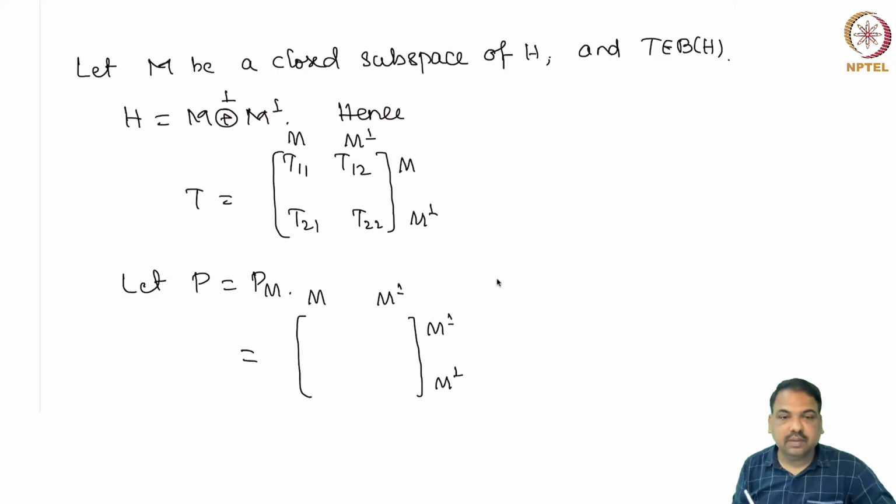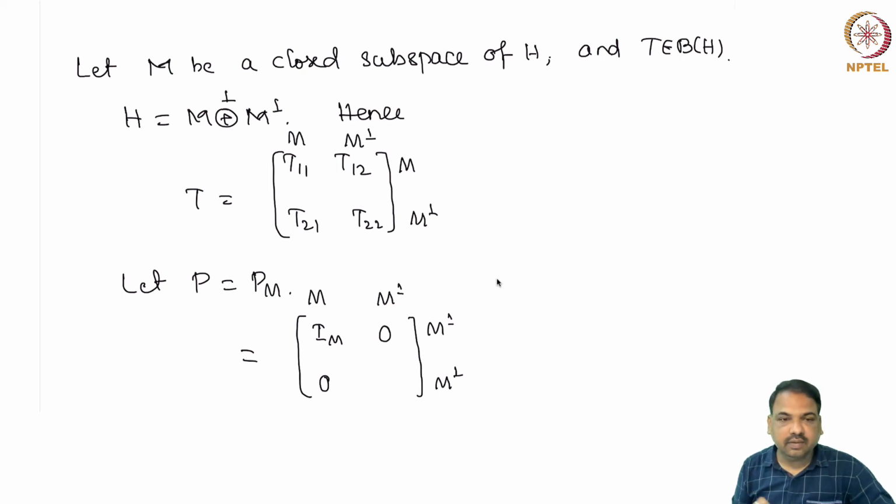Now range of P is M. So on range of P, P is an identity operator. So this is an identity operator on M. And now P restricted to M perp is 0. So this is a 0 map from M perp into M. Now this is also 0 because P of M is contained in M, so it cannot map any element into M perp. Now this part is M perp into M perp.